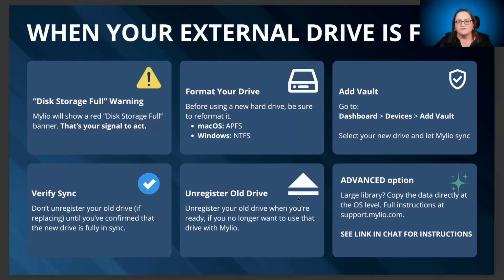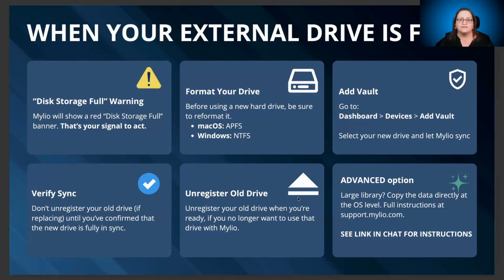There is one other option I do want to point out that exists, and this is what we call an advanced option because it requires doing a little bit of work at the file system level. If you have a very large library, and let's say you want to take one vault that's running out of space and you want to replace it, hand it off entirely to another drive that's larger, you can copy the Mylio folder over from one drive to another and let that happen at the file system level.